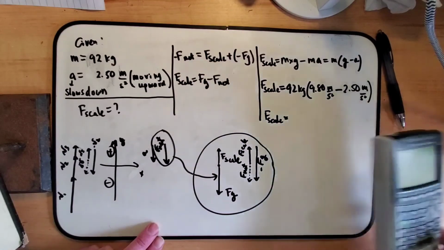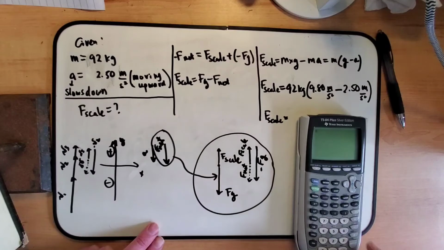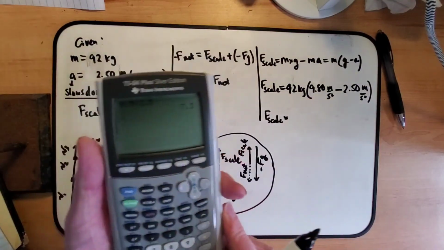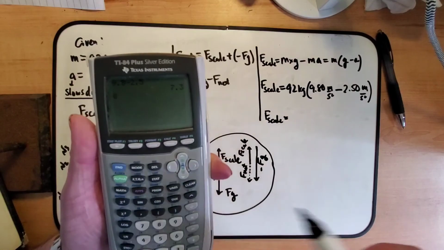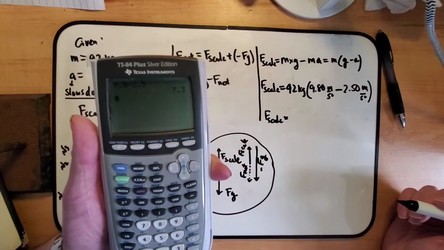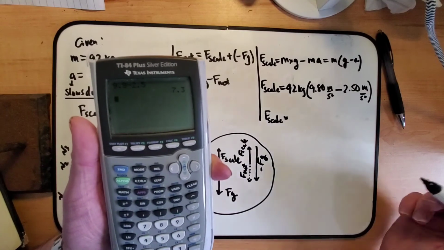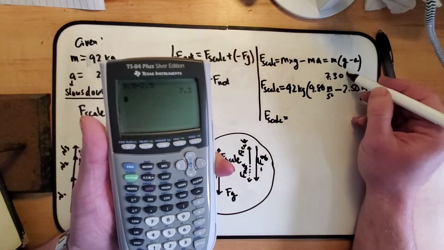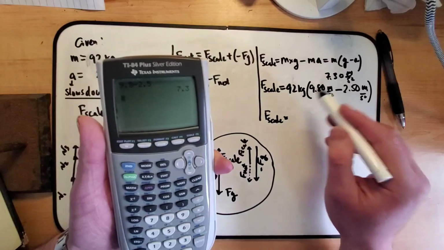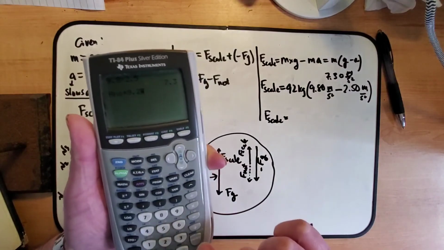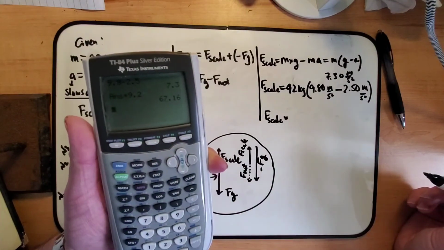And so F scale is equal to, I just need to do real quick calculations here. It will be 9.8 minus 2.5, and again, because I subtract, I go by the rules of precision here, which will be in the hundredths place. I don't show it here in the calculator. Again, a calculator doesn't know my significant figures. And I got 3 significant figures because this is nothing else but 7.30 meter per second square when you subtract 9.80 minus 2.50. And all I have to do now is multiply by 92. This is only 2 significant figures, guys.